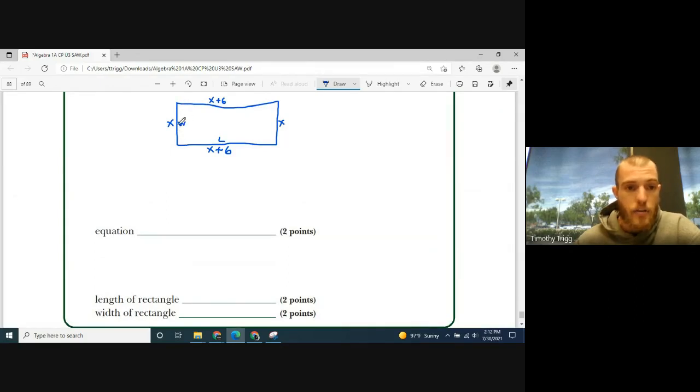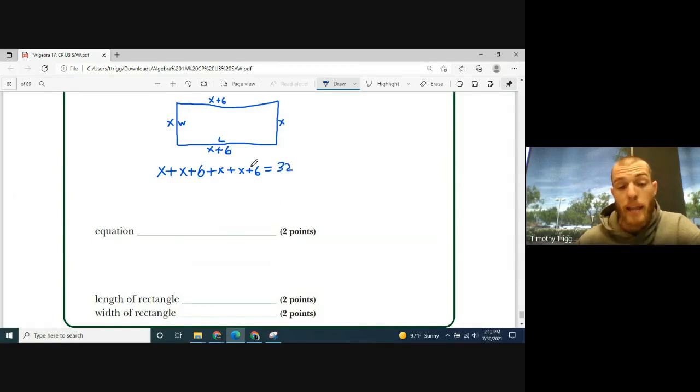So around the entire perimeter, let's go ahead and add these together. So x plus 6 plus another x plus another x plus 6 gives you a total perimeter of 32.